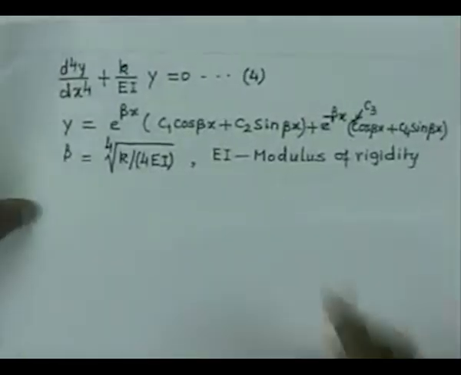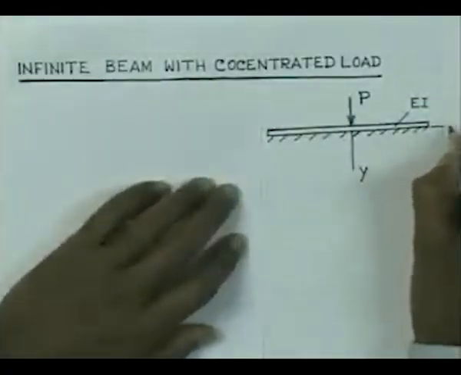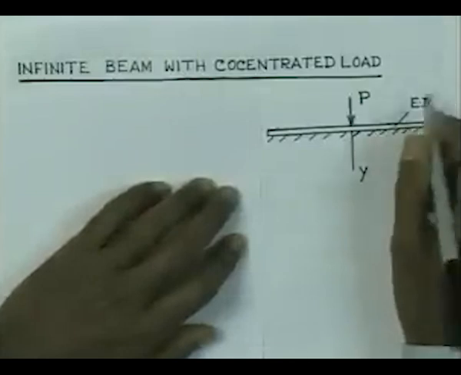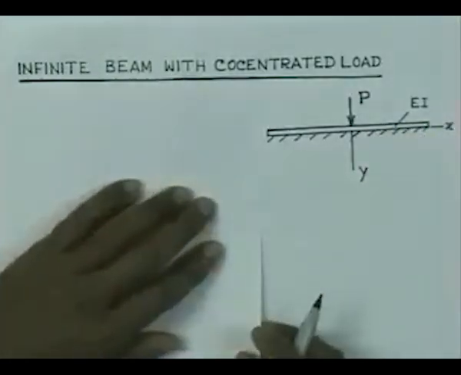We have to now see how these constants can be resolved, and that is possible by taking a specific example. So, let us consider one example wherein we have a beam on elastic foundation and it is subjected to a concentrated load and the cross sectional rigidity is EI.